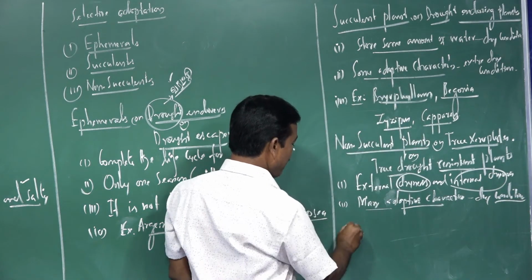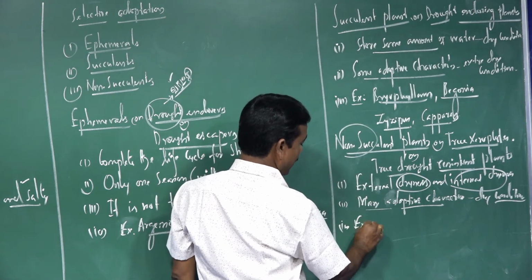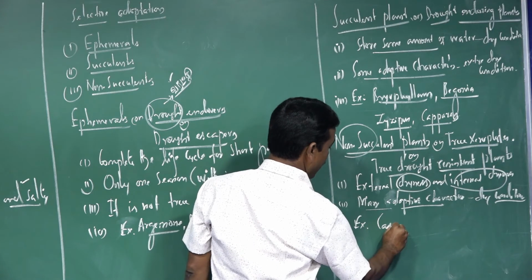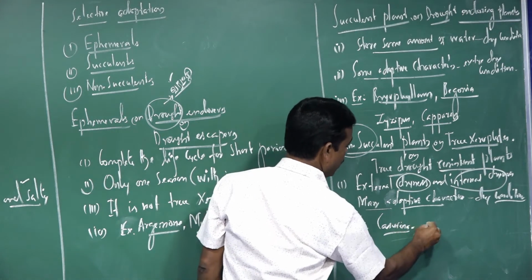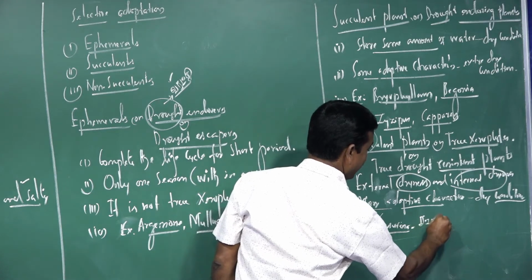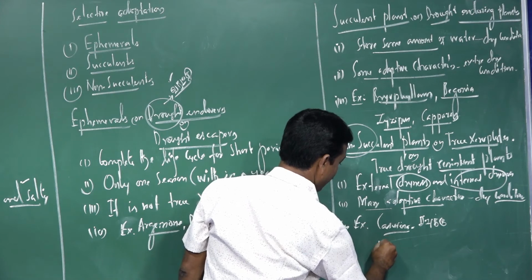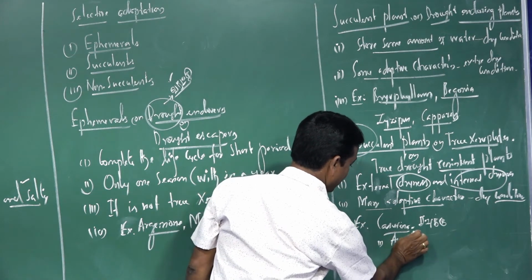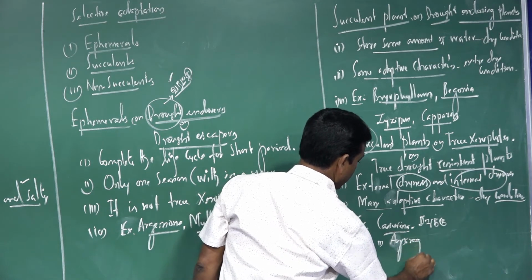What are the examples of non-succulent plants? Casuarina, do you know it in Tamil? Saukku. Then asparagus.